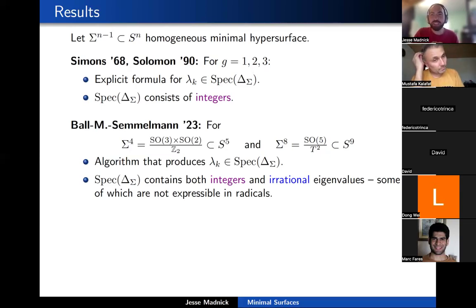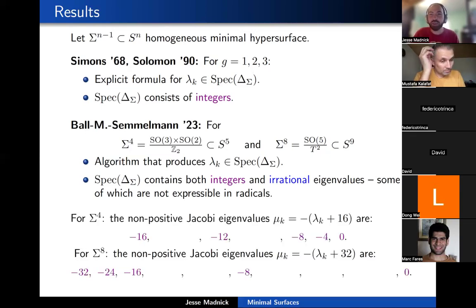So just to illustrate this kind of mix of order and chaos, I want to show you what the Jacobi eigenvalues end up being, the non-positive ones. It turns out that when G is 4, there's always this very short arithmetic progression of non-positive Jacobi eigenvalues. This was not due to us.